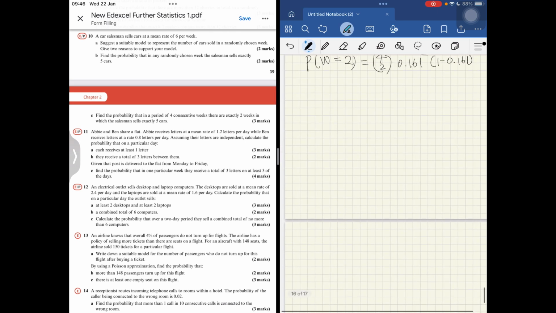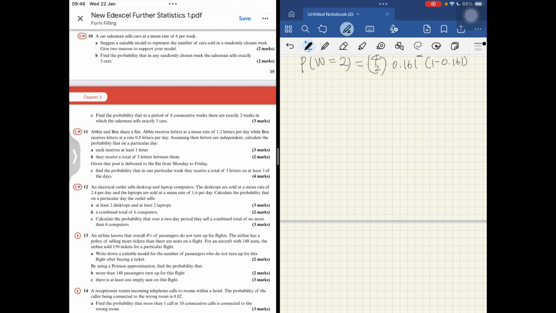Number 11, Abby and Ben share a flat. Mean rate of 1.2 letters per day. So Abby follows Poisson 1.2 per day, and Ben follows 0.8 per day. Assuming the letters are independent, calculate the probability that on a particular day each receives at least 1 letter.